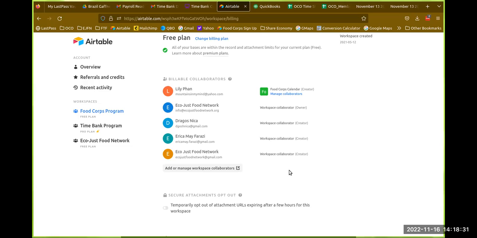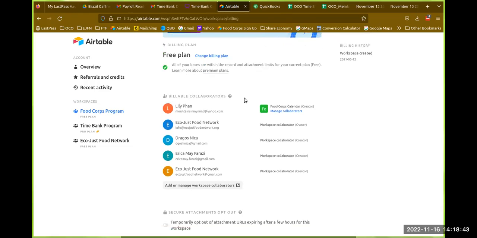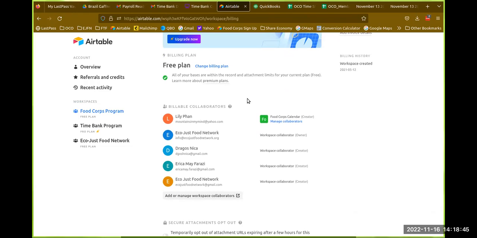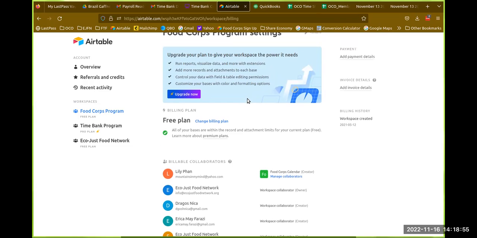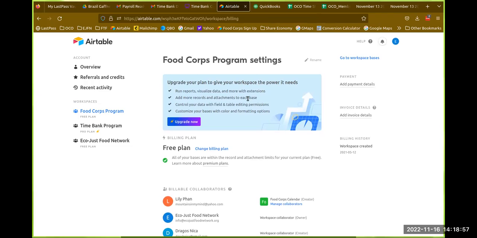Okay, well, I don't think info@ecojust and ecojust@gmail need to be one, and I don't think that Dragos needs one. No offense, I don't think they'll use it. Okay, all right. I just think that it would be easier to focus on having, I don't know, would it be useful or possible to make a time bank at ecojustfoodnetwork.org account?